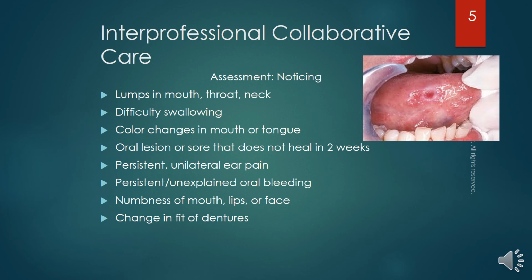But if you don't catch them early and they're untreated, these cancers can often be fatal within 2 years. Just pretty eye-opening. Those leukoplakia lesions, they're white and usually patchy, and the erythroplakia are usually red, velvety looking patches.